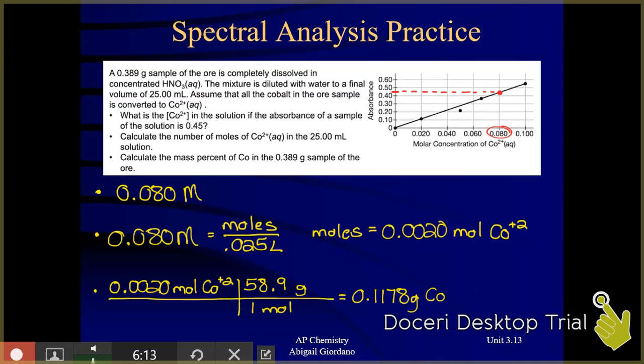So I now know how much cobalt I have in there. A mass percent, remember, is grams of one part divided by grams of the entire sample, and then multiply that whole thing times 100.